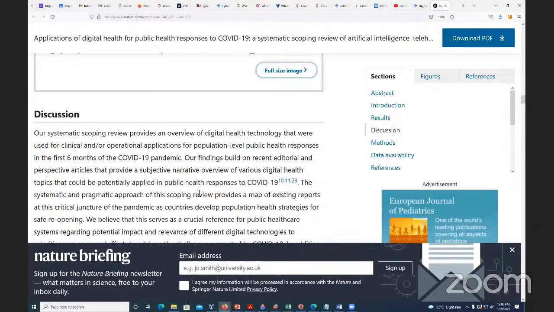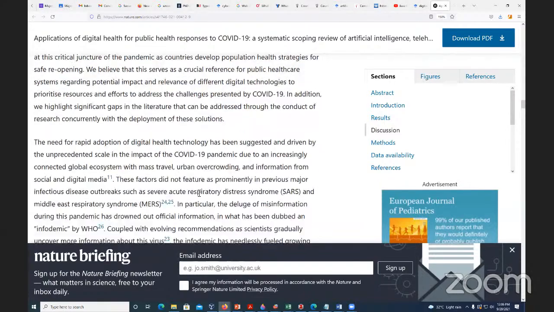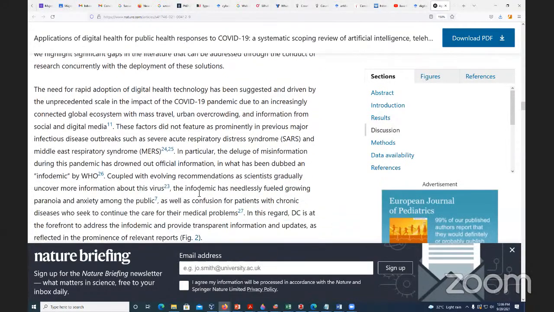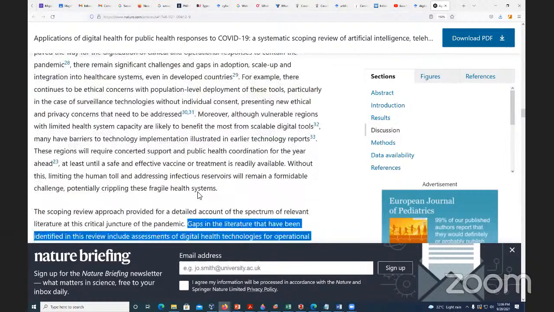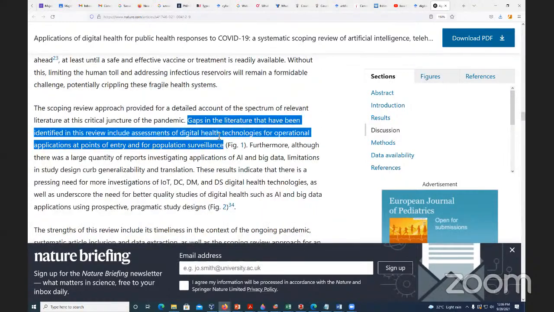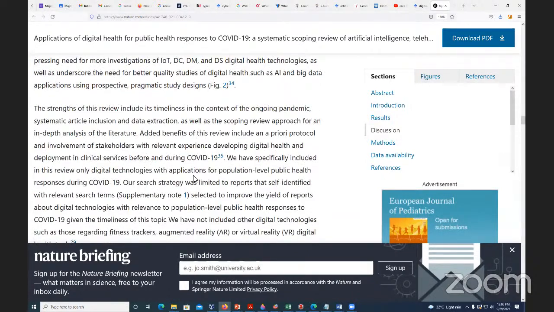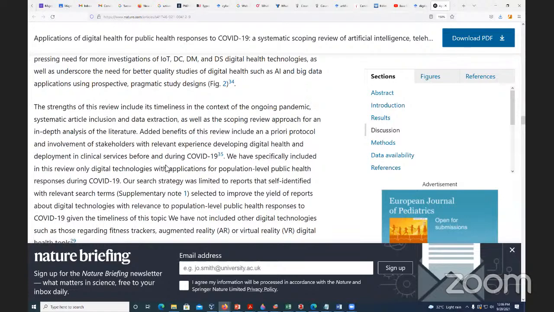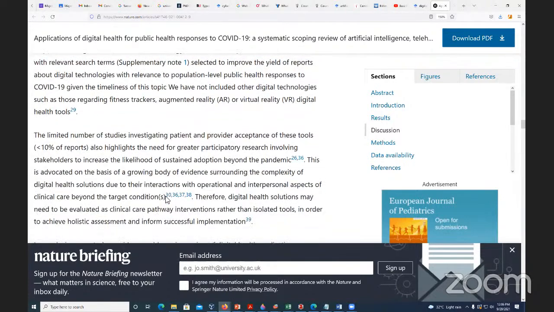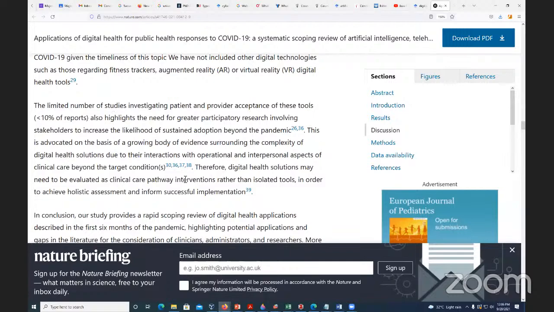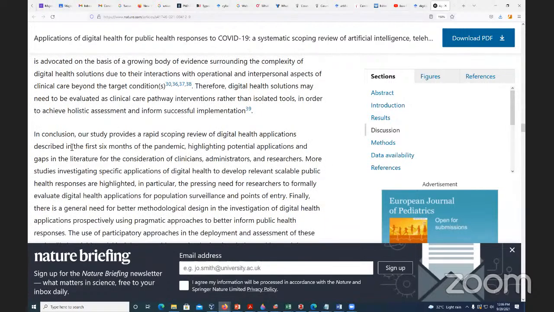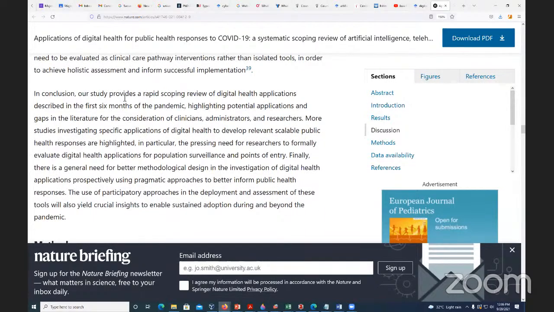In a systematic review you typically have one, but this is a rapid scoping review, I think. So they have a whole discussion about the whole area. We had the gaps, and they tell us that the strengths of this review are X, Y, and Z, and that there are a limited number of studies on this whole area. Oh, here's our conclusion. In conclusion, there we go, a paragraph.